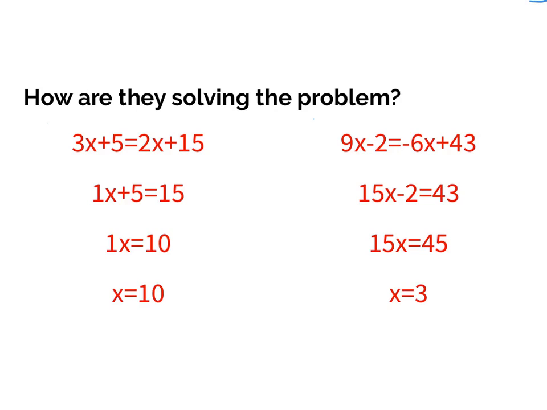So looking at this, we can subtract 2x from both sides, which would give us our positive 1x right here. And then we can look over here and we would subtract 5 from both sides, which would give us our positive 10.